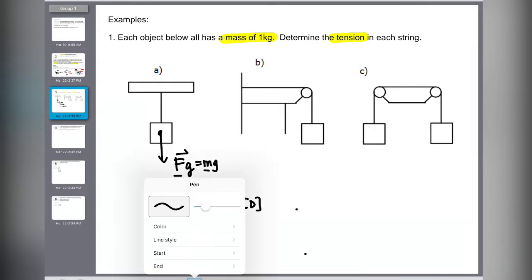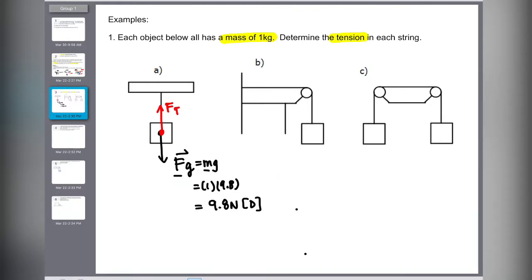Okay, so if we finish off the free body diagram, the object is also experiencing a force of tension that's going up. And because the object is hanging there, the acceleration is 0, meaning it's a first law type of question. It's not going anywhere. So if I do F net equals ma, acceleration is 0. F net is up minus down.